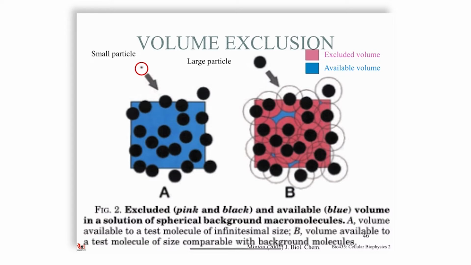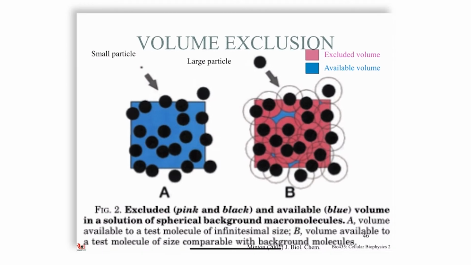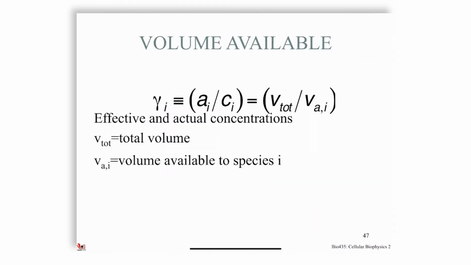This is a paper by Minton from 2001. So the volume available, by definition, becomes the volume available to species i and its ratio to the total volume.